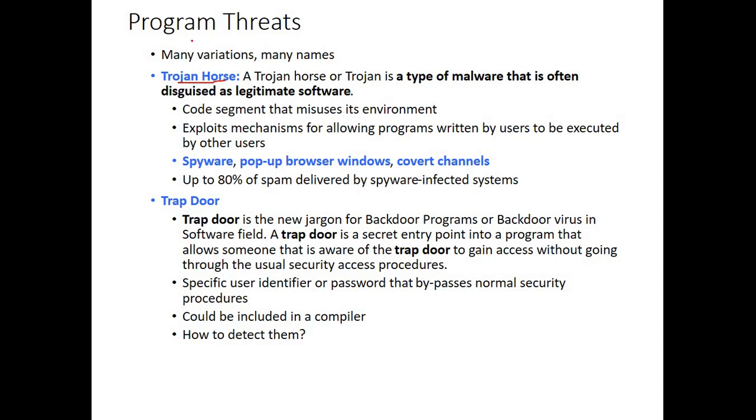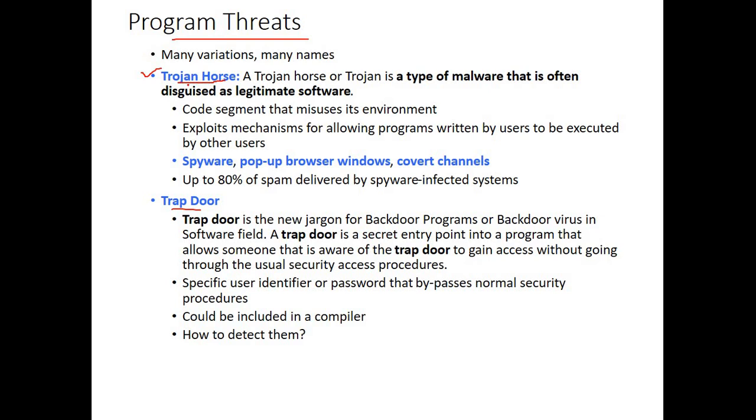Program threats are the threats that may happen through programs. One of the most popular program threats are Trojan horse, trapdoor, logic bomb, like that. There are various program threats.